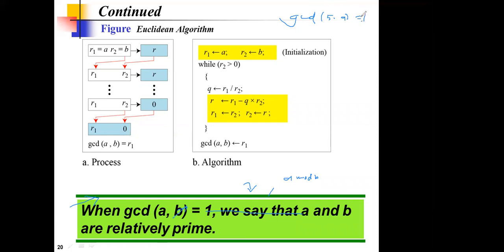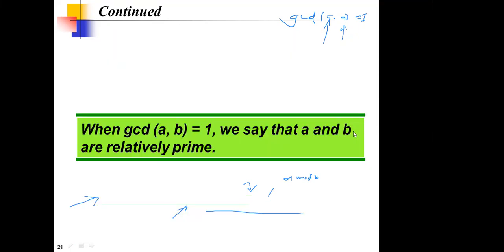But এখানে সেই prime concept নিয়ে আসছি আমরা বলছি okay, still 5 is a prime number, 9 is not, but 5 and 9 are relatively prime to each other. ঠিক আছে? So when GCD of A and B is 1, we say that A and B are relatively prime.